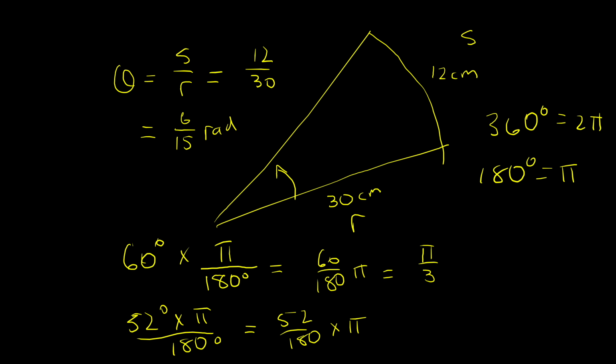Okay, so now we can use this also in applications. So we can have a sector with multiple radii, like this is 5 and this length is 7.